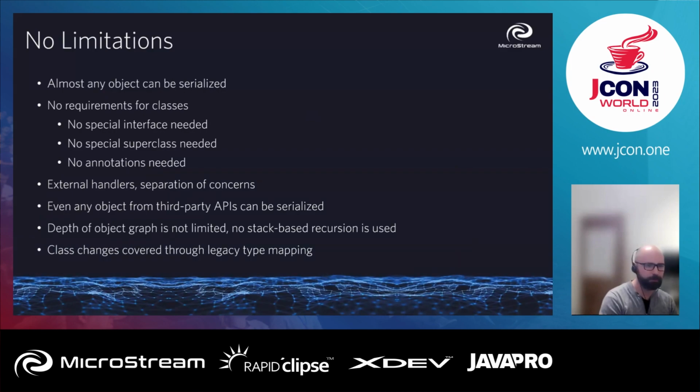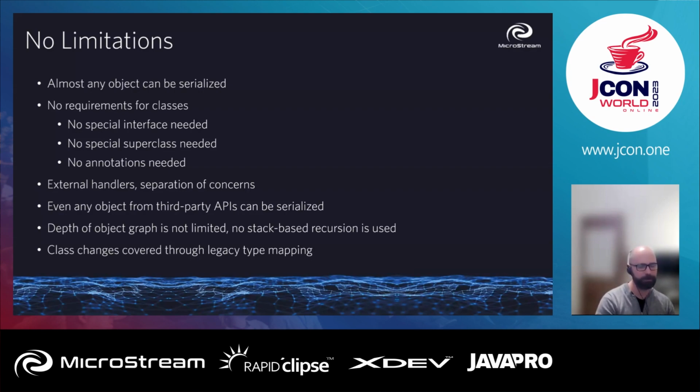There are almost no limitations, of course. Almost meaning almost any object can be serialized. We had to blacklist some objects which cannot be deserialized when they bring external state, like a Java thread, or which is linked to a system resource or an open socket or input streams and stuff like that. These types are on the blacklist.